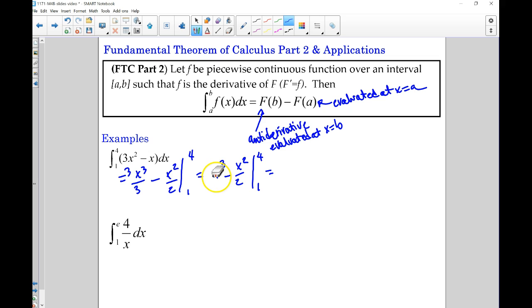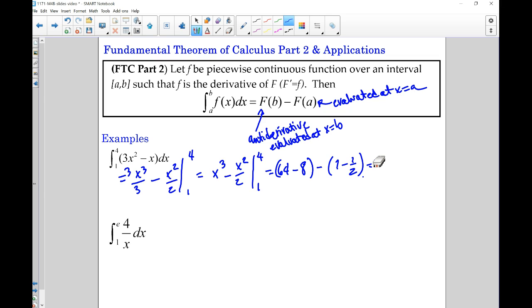So 4 cubed is 64, 4 squared is 16, over 2 is 8, so this is going to be 64 minus 8, and then subtract off whatever I get when I put in 1. So 1 minus, and then 1 squared over 2 is 1/2.